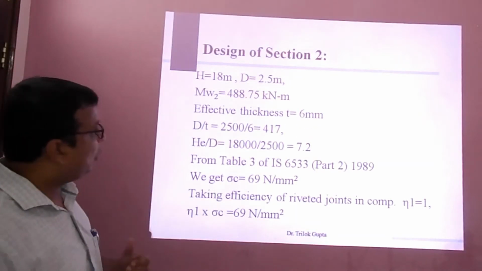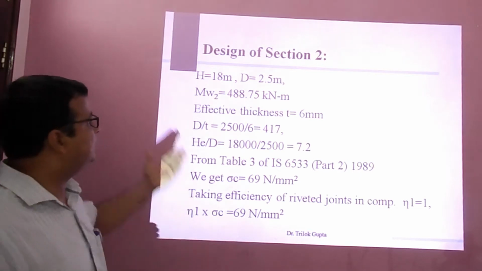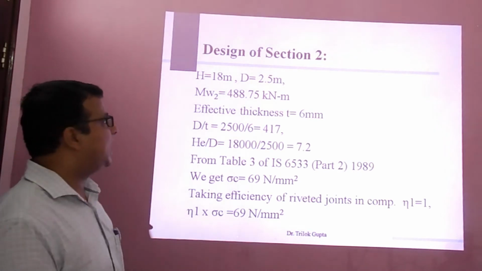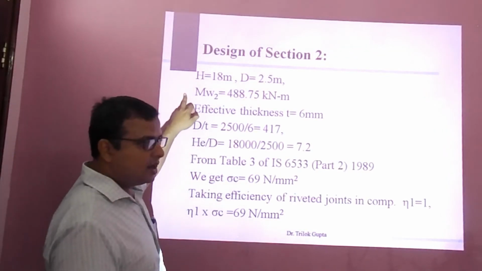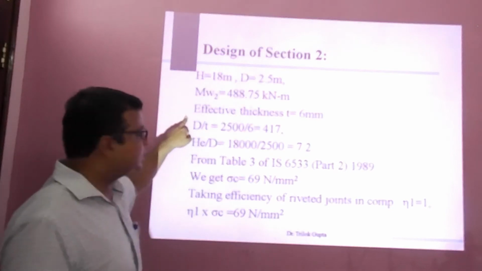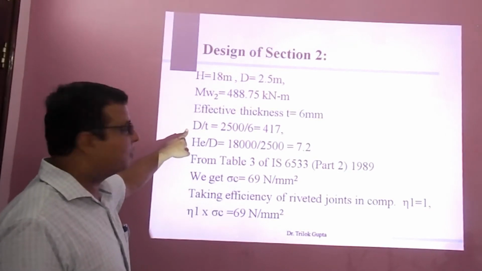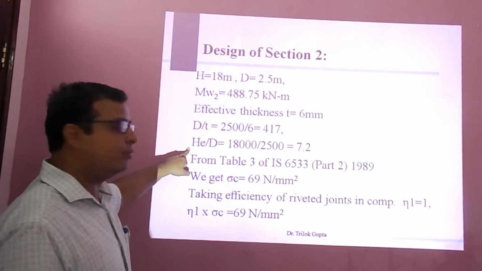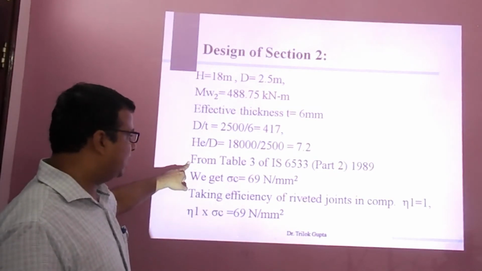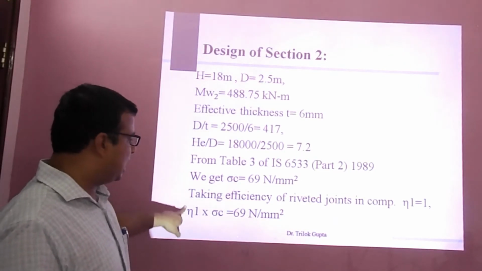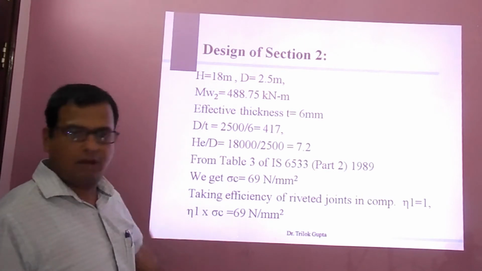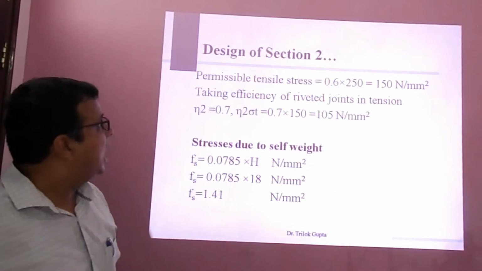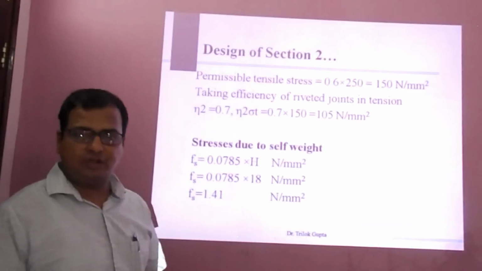Now for section 2, again it remains the same. Height is 18 meter, diameter 2.5, moment at section 2.2, effective thickness 6 mm, d upon t 417, h upon d 7.2, and from table 3 the permissible compressive stress is 69, and the permissible tensile stress is 105.